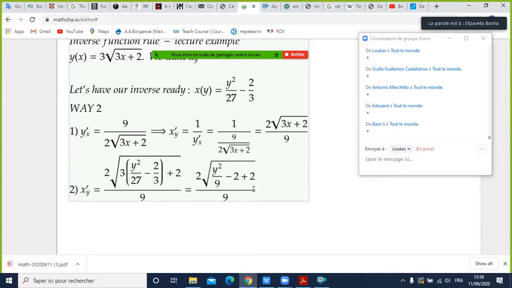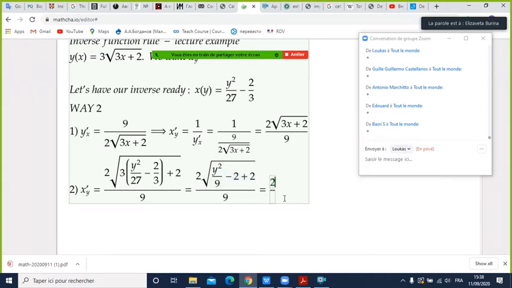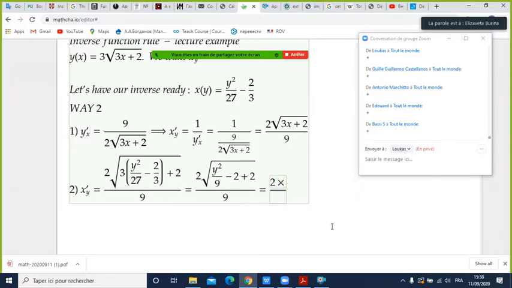Now I can see this first of all gives me 0, and then I end up with a square root of y squared over 9. So I'm going to have my new fraction 2. This 2 is just this 2. It was the coefficient since the beginning, it didn't change. And now the square root, I know that I can extract it.